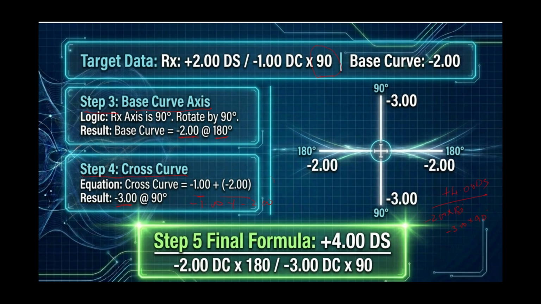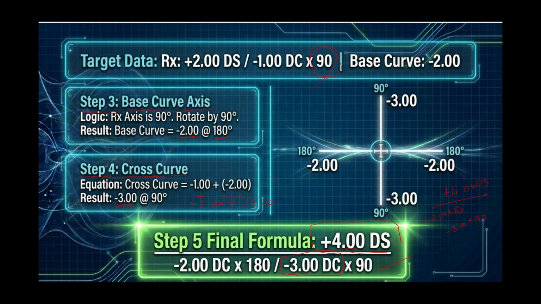So let's see how our final formula looks. That is step 5. We have got +4, which is our numerator, the anterior surface power, +4 diopter sphere, with -2 cylinder at 180, which is 90 degrees away from the cylindrical prescription. And what is the cross curve, which is the more curved surface? It is -3 diopter cylinder at 90 degrees, that is the prescribed axis. So this is our final result.